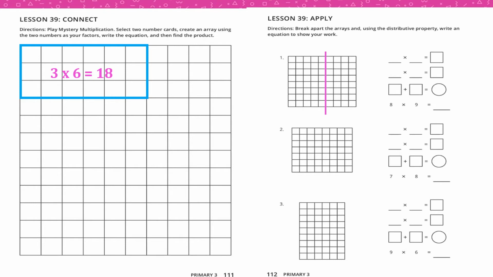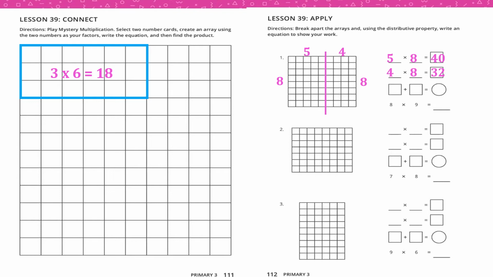So the first array is 5 columns and the next is 4 columns, and we have 8 rows. So 8 times 5 or 5 times 8 equals 40, and the next array is 4 times 8 equals 32.